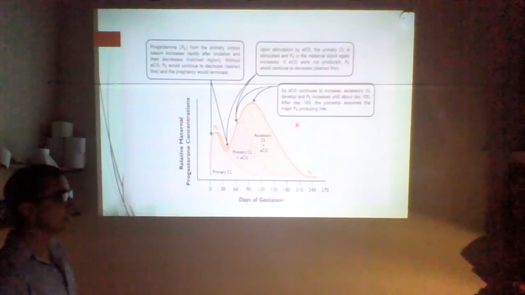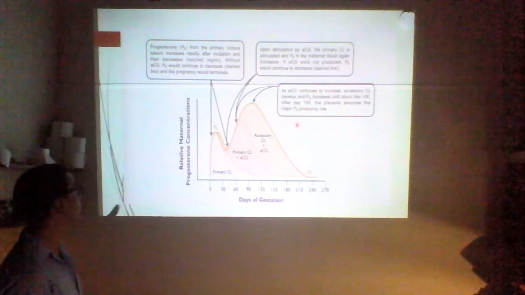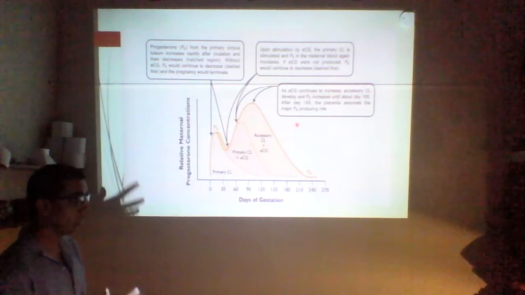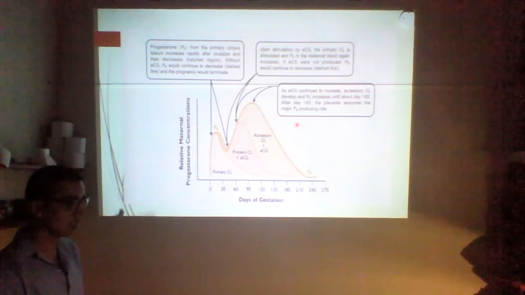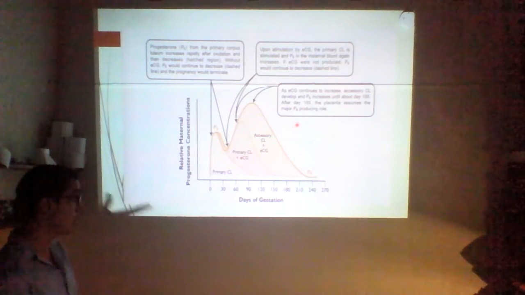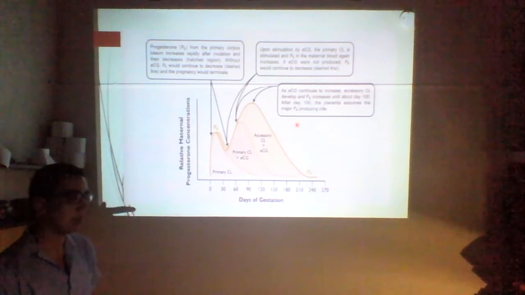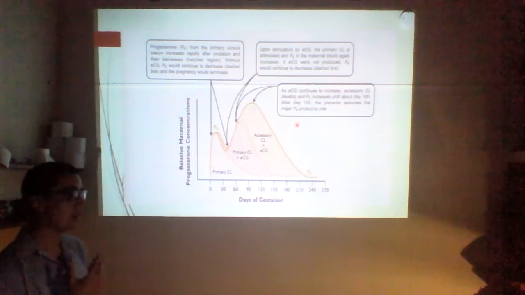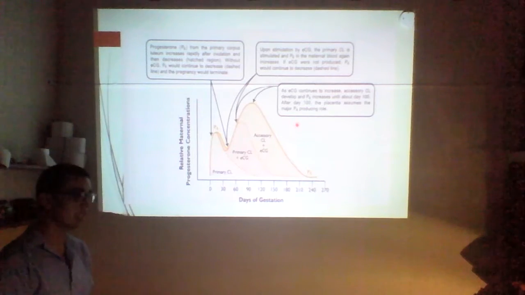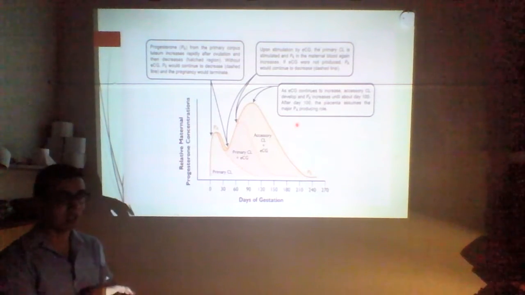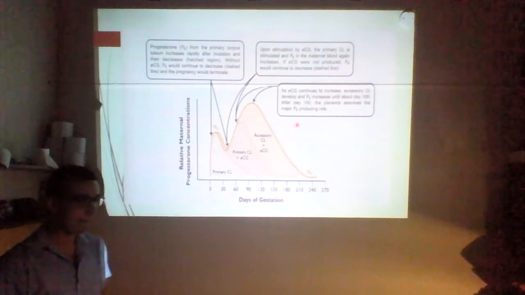So the placenta keeps making more luteal bodies, and it's producing more progesterone. The progesterone made by the placenta is the one that is going to sustain the whole pregnancy.